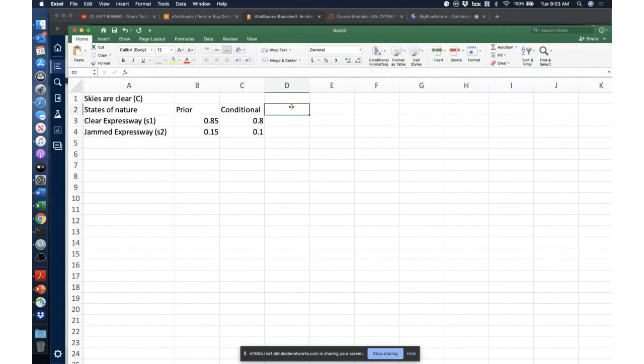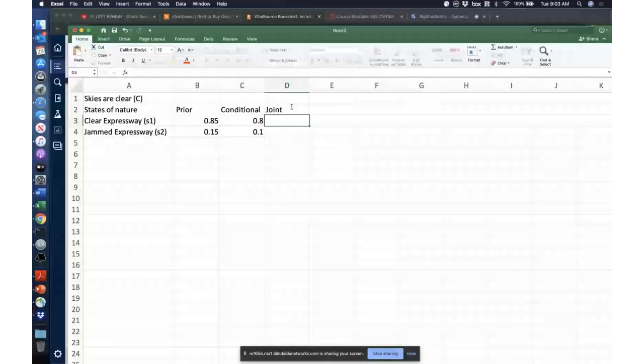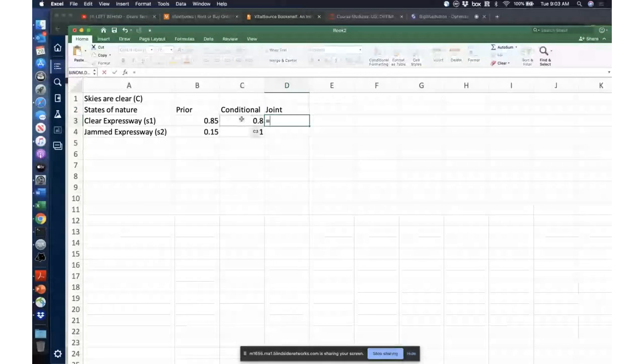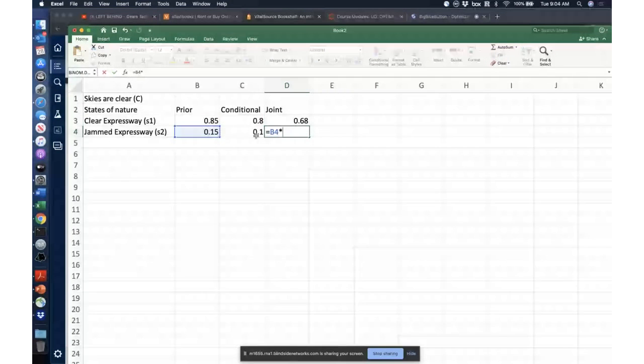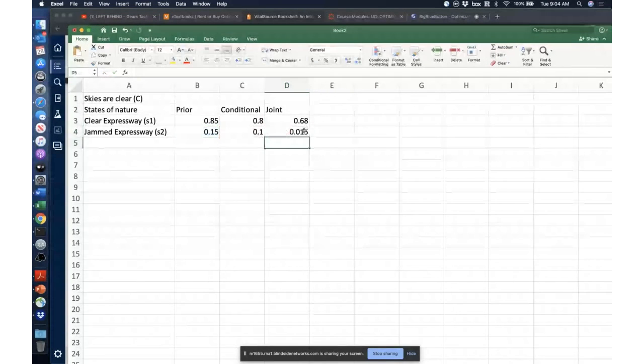Using that, you can calculate the joint probabilities. The joint probability is just the prior probability times the conditional probability. If you add these joint probabilities up, this will give you the probability that the skies are clear. I think that's called the marginal probability.